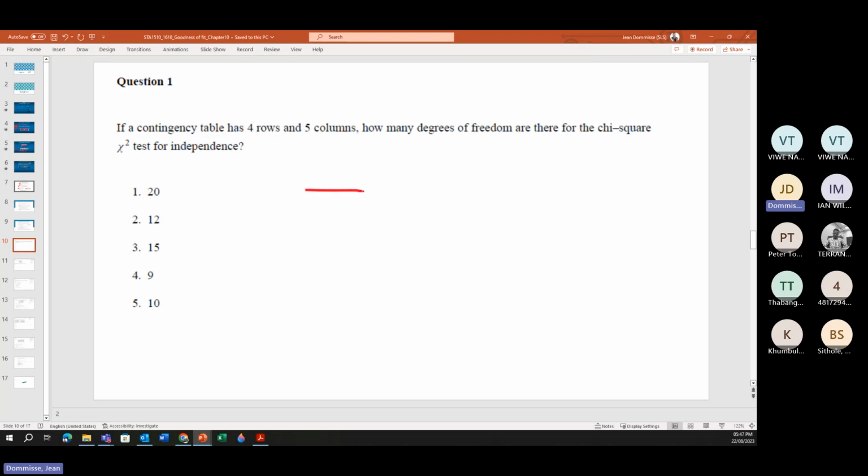It has 4 rows and 5 columns. I just want to give you a visual of that so that you can nearly see it. And then it asks you how many degrees of freedom.